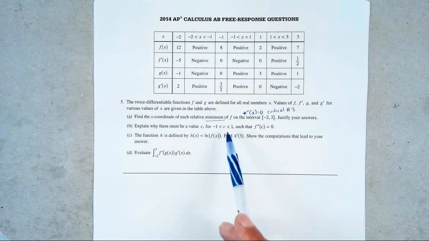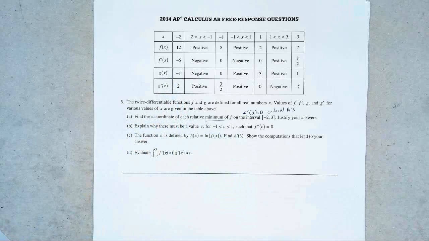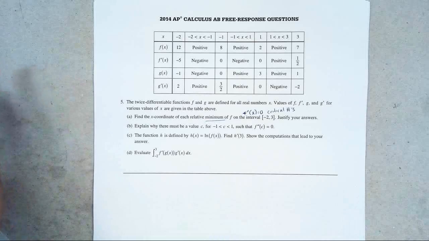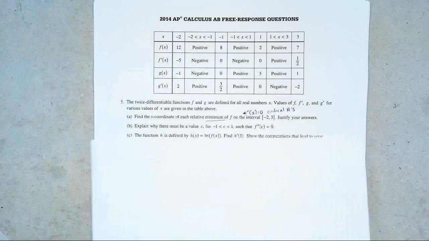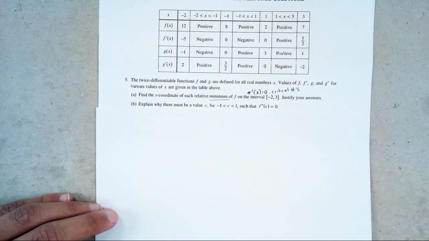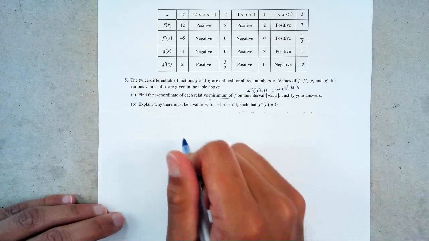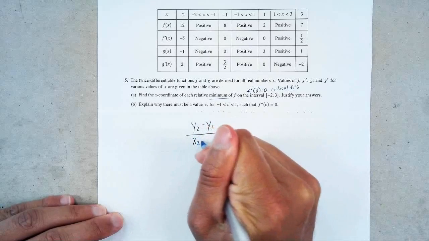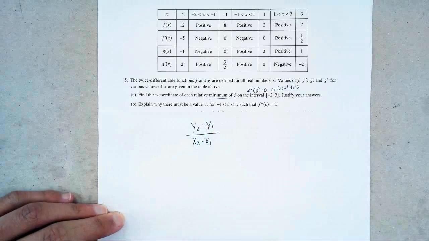The only way that you can find a derivative when you're given values is using the slope formula. Pretty much for part B, y2 minus y1 over x2 minus x1. So then you're going to go ahead and set it up. But the problem is, which points am I going to pick?